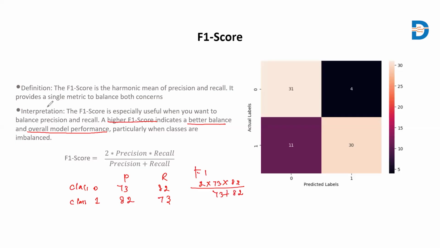It will be in decimal form, so 0.73 and 0.82. This is how we calculate F1 score. So 2 into 0.73 into 0.82 divided by 0.73 plus 0.82, and we get 0.77.